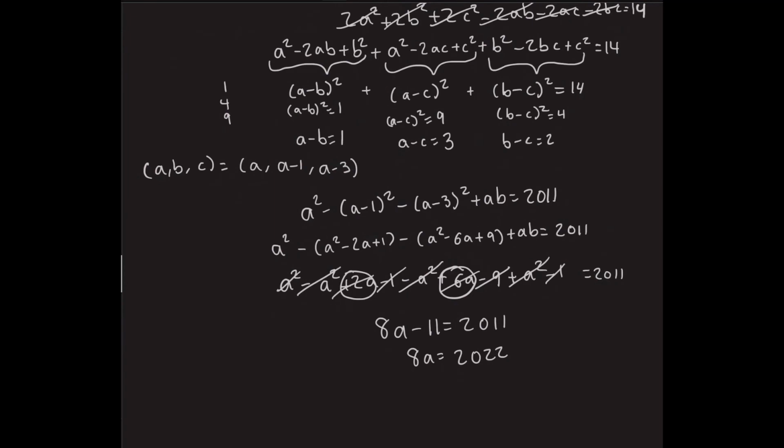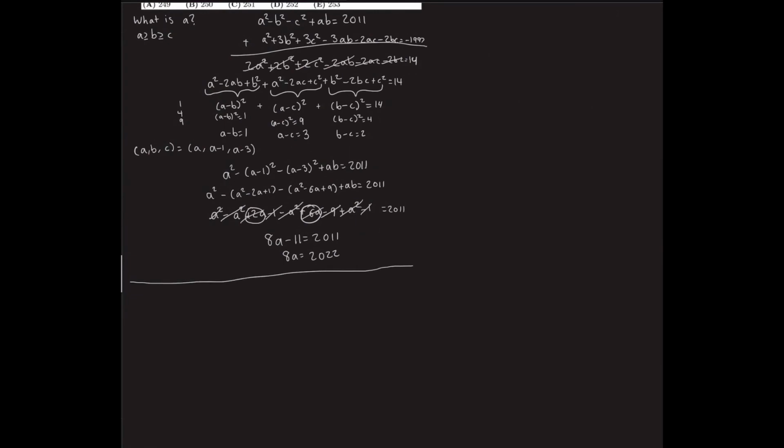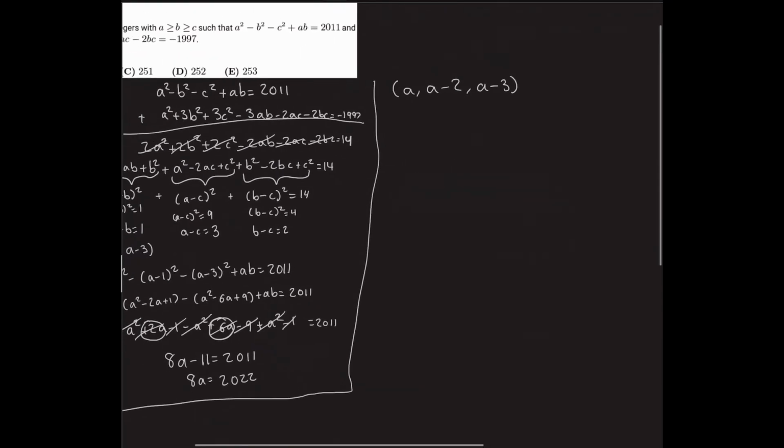And in this case, a is not going to be an integer, so we have to try the other case. And the other case is going to be if a minus b is equal to 2 and b minus c is equal to 1. So in that, I'm going to rewrite it here, we would have a, comma, a minus 2, comma, a minus 3.